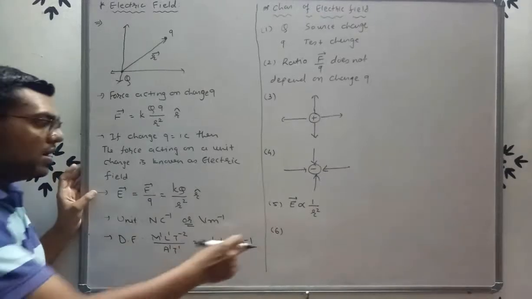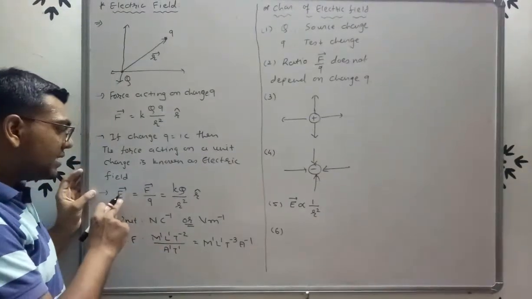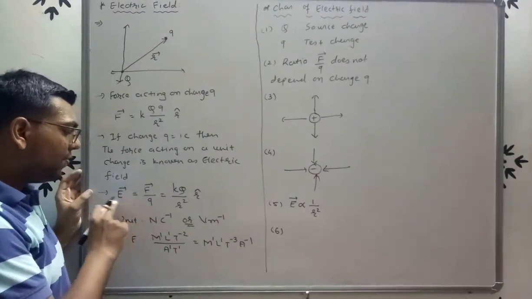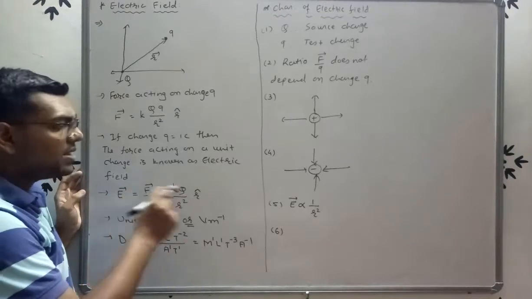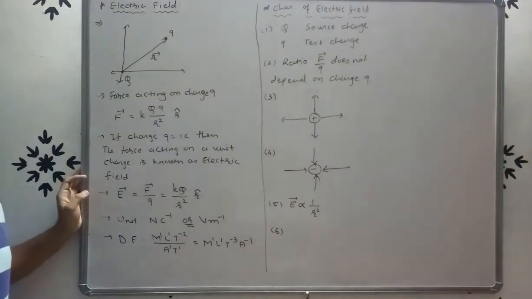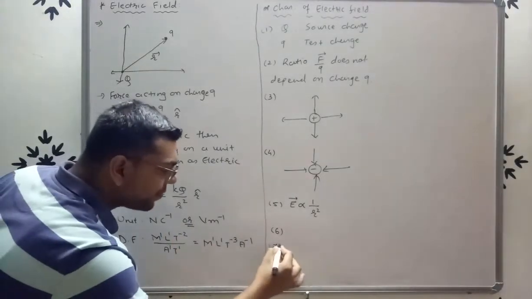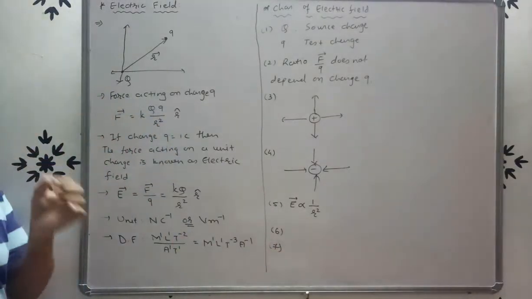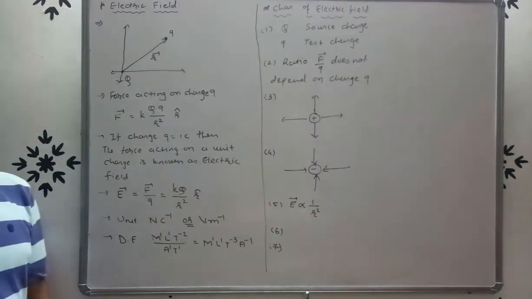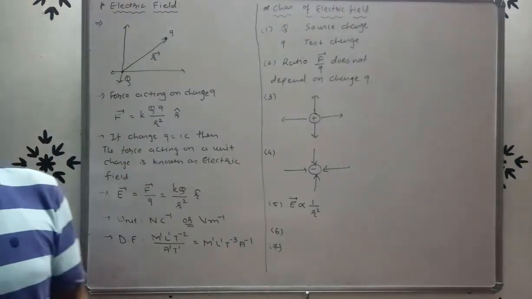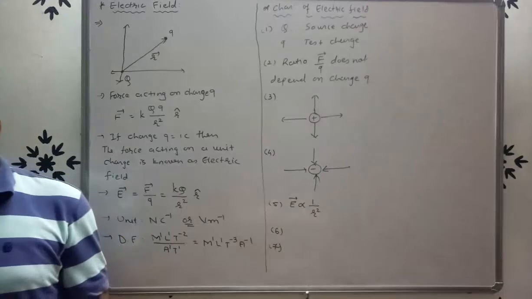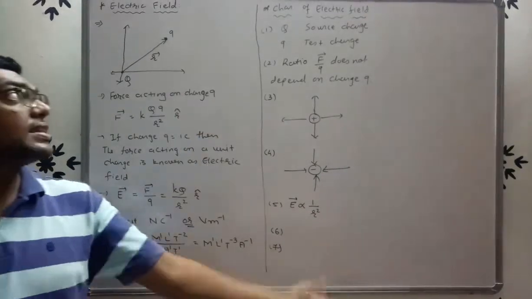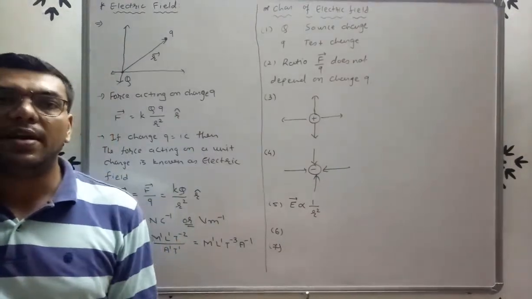So point 6 is the direction of electric field is the same as the direction of force. Right? And number 7, the phenomena of electric field is given by Faraday. Right? So these are the characteristics of electric field.